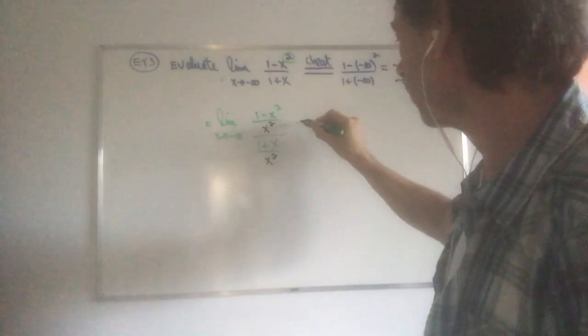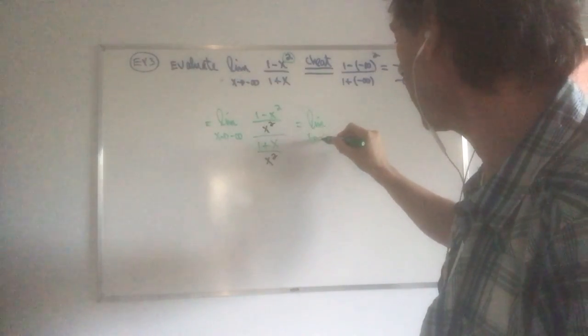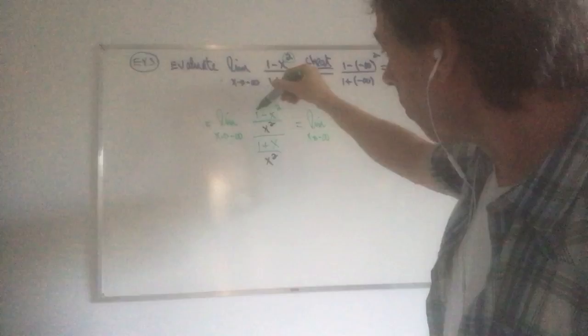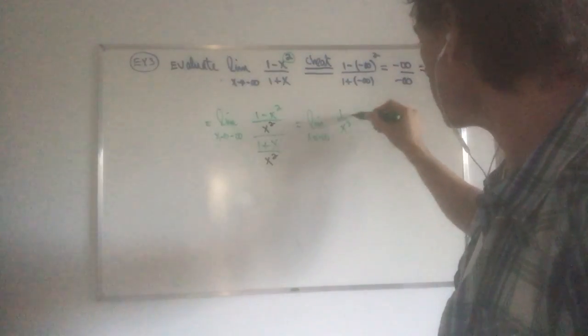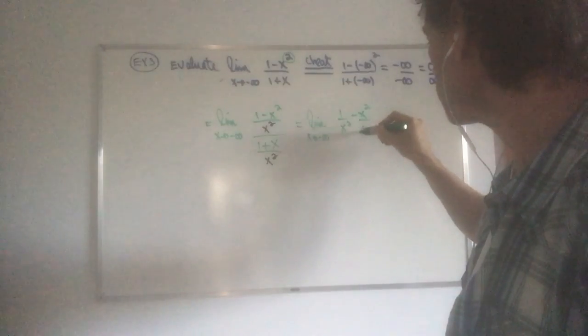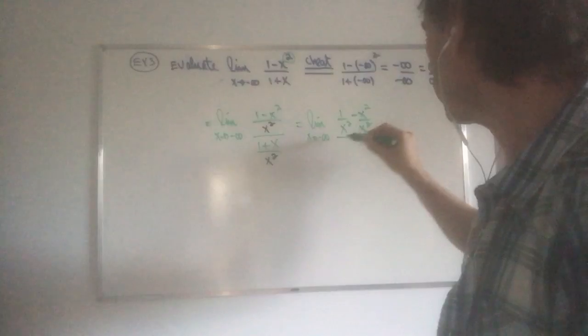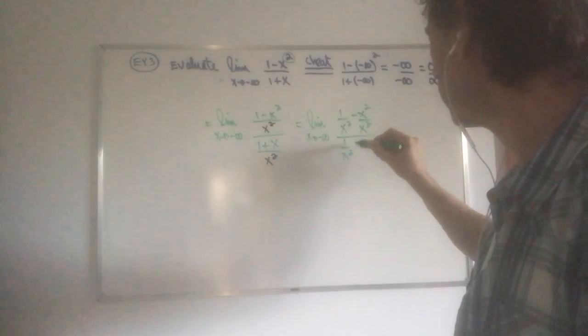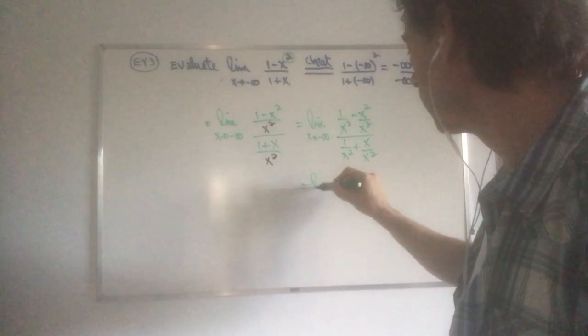So we do our thing. We separate and simplify. 1 over x squared and minus x squared over x squared. That's what I get for the numerator. Denominator, 1 over x squared plus x over x squared.